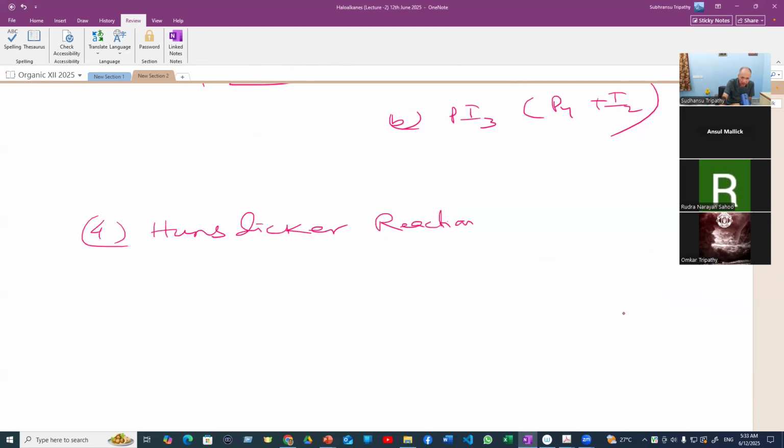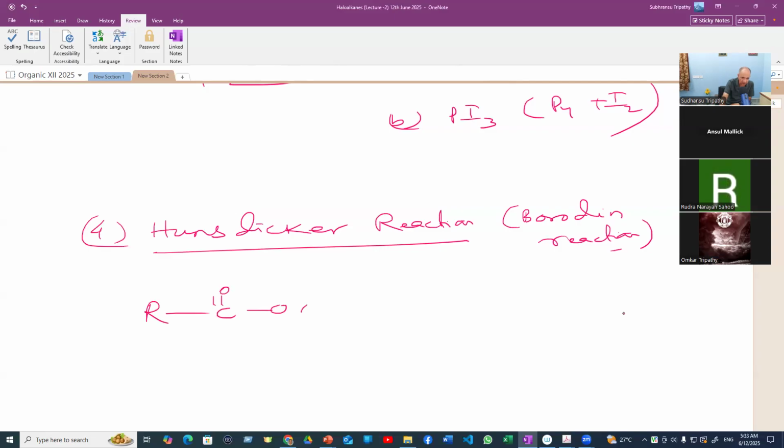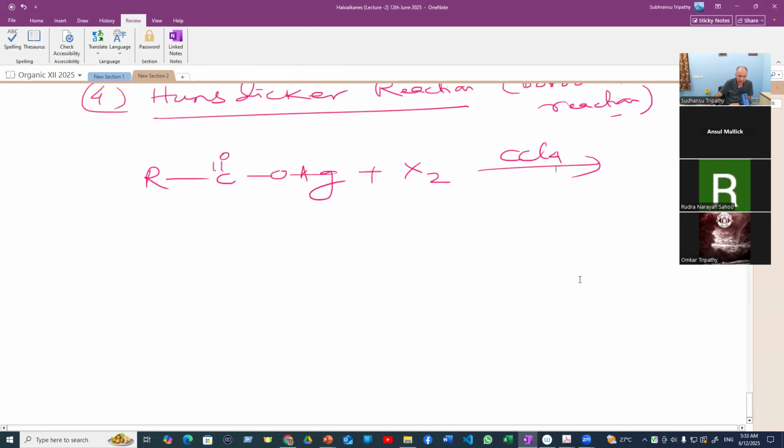Sometimes it is called the Borodin reaction. What happens here, you take a silver salt, that is a must. The silver salt of a carboxylic acid reacts with halogen in the presence of carbon tetrachloride, that is the solvent.